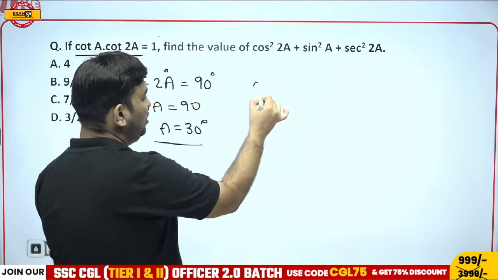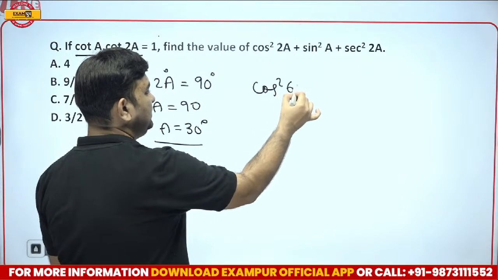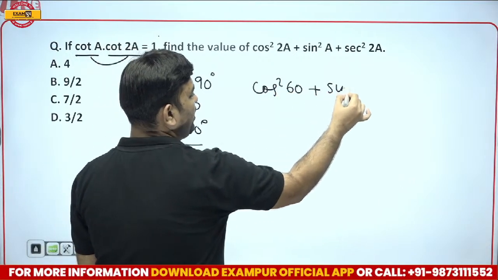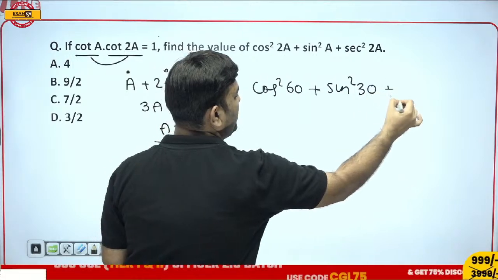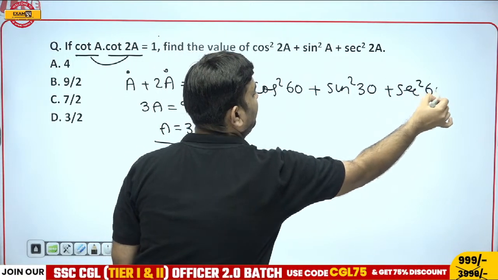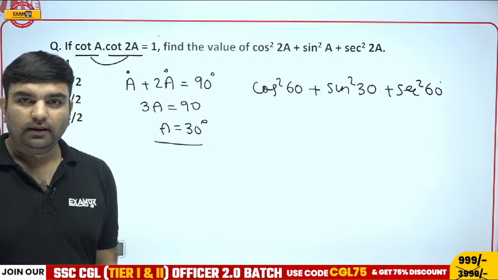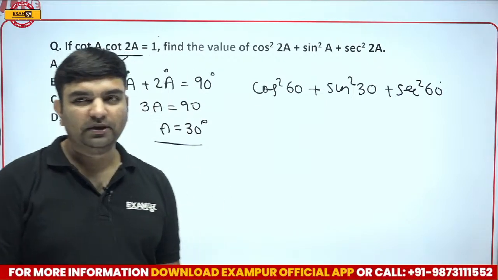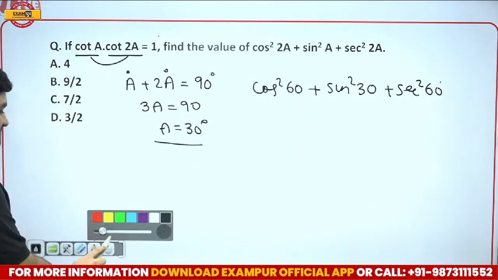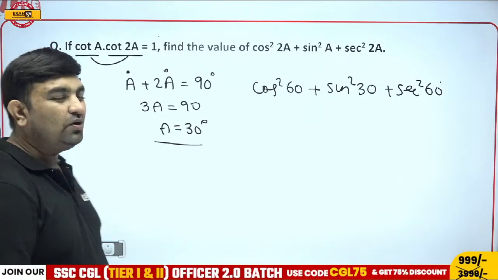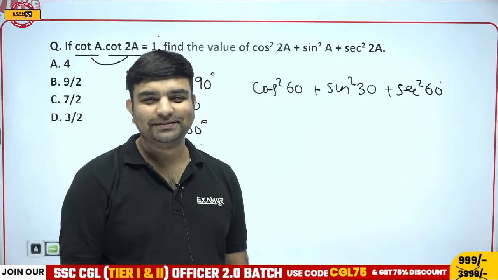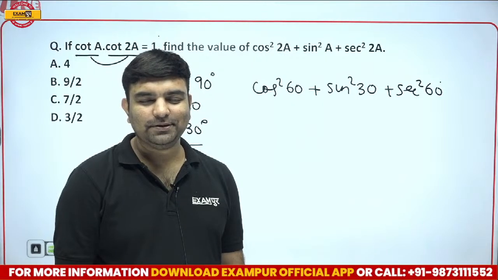So what is cos square 2A? 2A is 60. Sin square 30 plus sec square 60. I'm assuming a lot of you remember the values. What is cos 60? Cos 60 is 1 by 2.